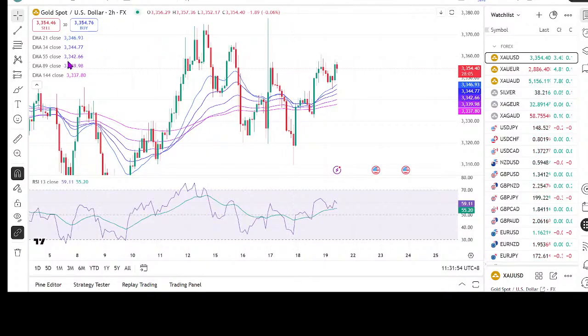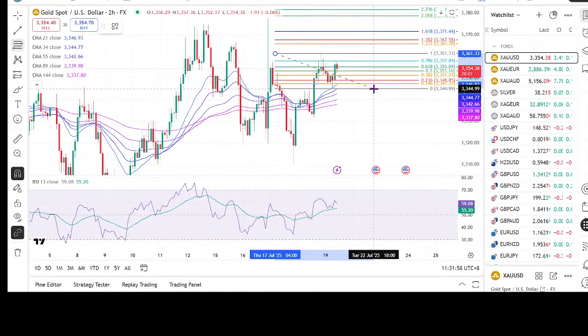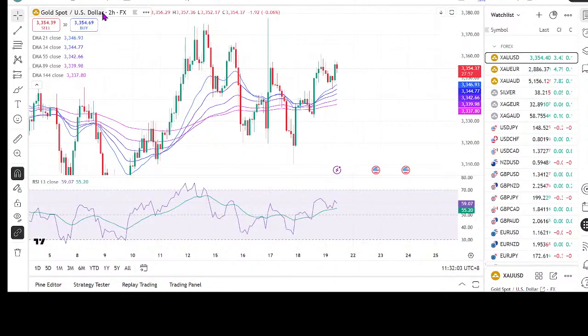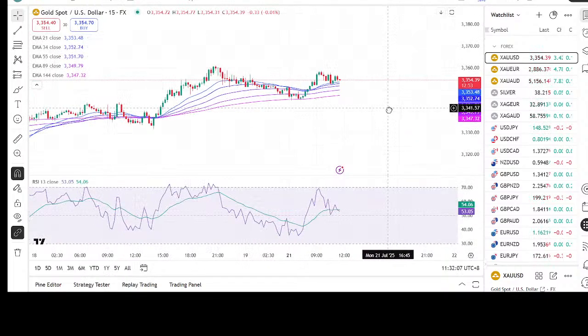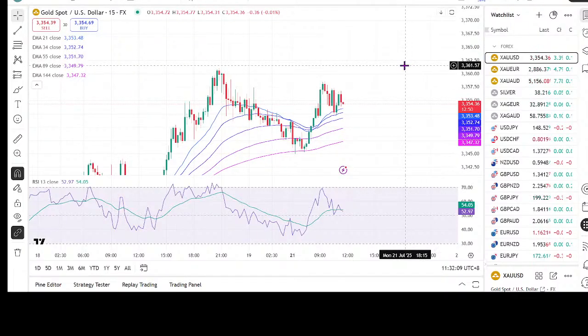Then the TP, we can go for a tight extension, which is 3365. So let me gather all the information, then I can give you a better version.